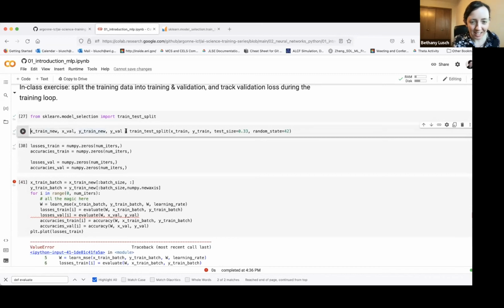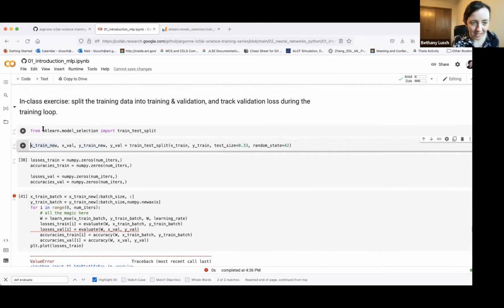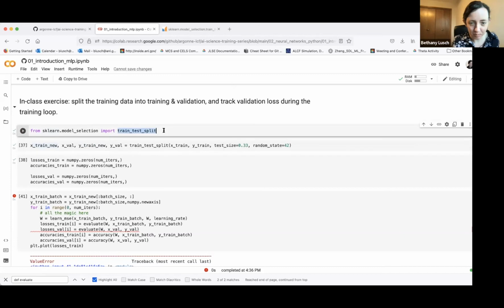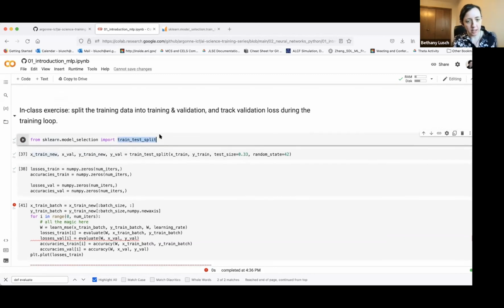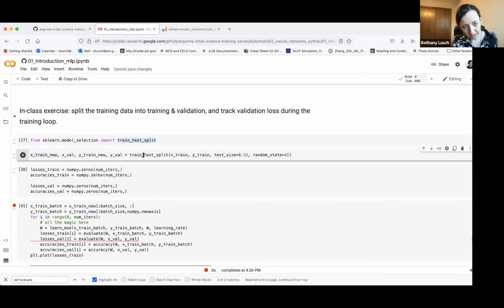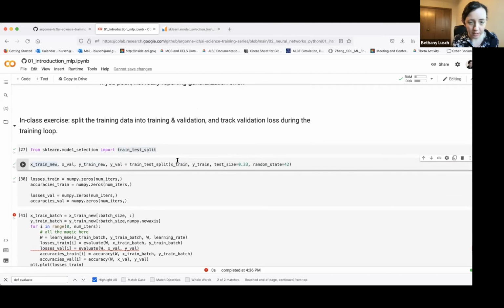So I gave you the hint that there's a train test split function in scikit-learn. They call it train test split, but of course we can call them train and val. So I gave it our X train and Y train.